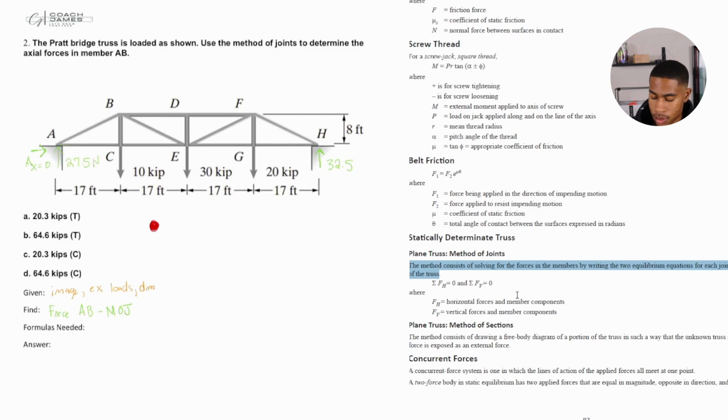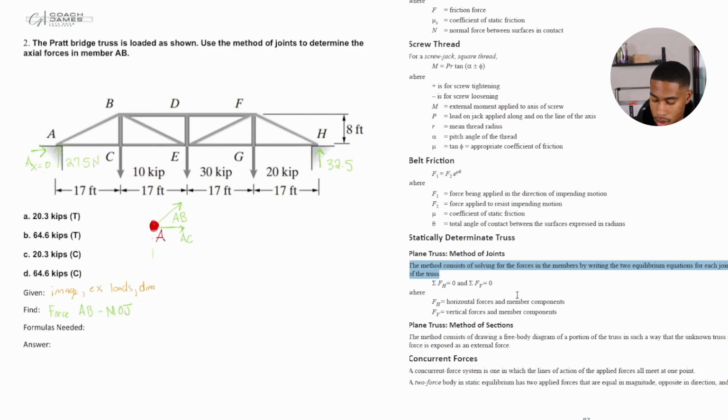And so when you're doing method of joints, you have your joint A, and then you want to draw all the forces that are happening on it. So on this joint, we got AB. We have AC coming to the right.